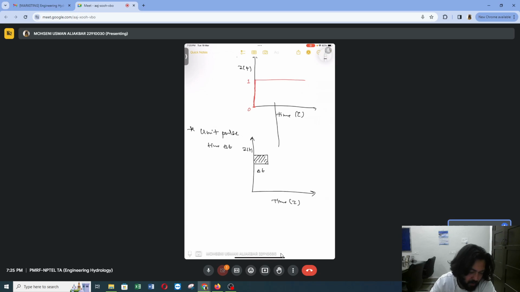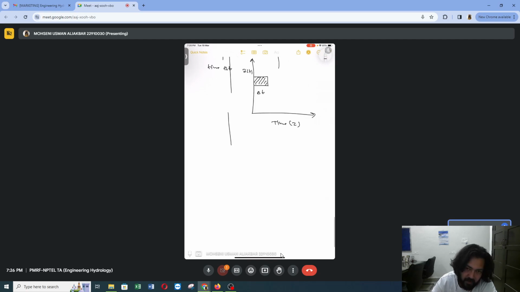Now there is something called the response function of a linear system. So this is the input function, right? Previously we have studied that a system consists of three parts, that is input, transfer function and output. So here we are talking about a linear system, which will also have three parts. The first part is input. The input function of a given linear system is of three types.